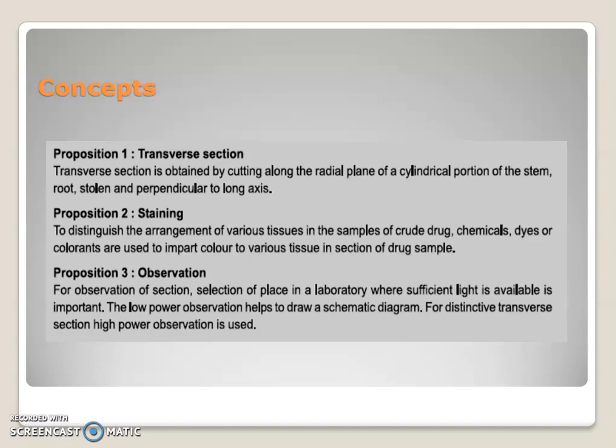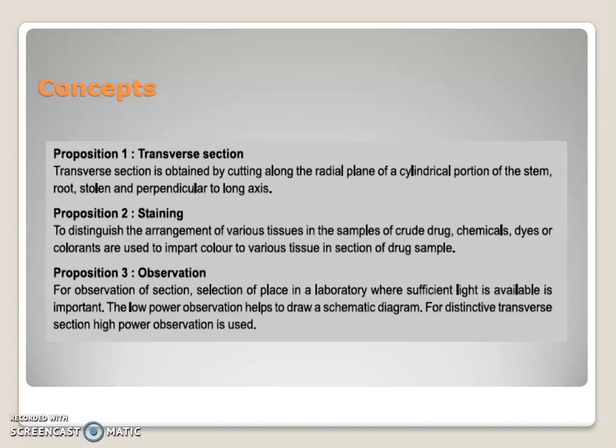Then observation. For observation of a section, selection of a place in a laboratory where sufficient light is available is important. Lower power observation helps to draw a schematic diagram. For a distinctive transverse section, high power observation is used.